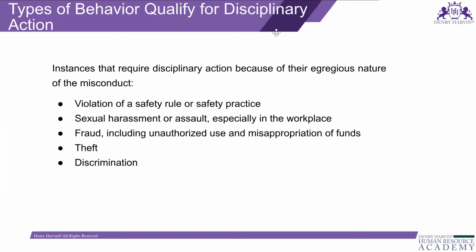The types of behavior that qualify for disciplinary action. What are the types of behavior? That is, the types for which the HR or the organization can take disciplinary action against the employee.